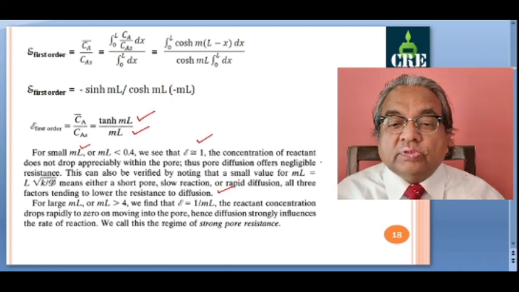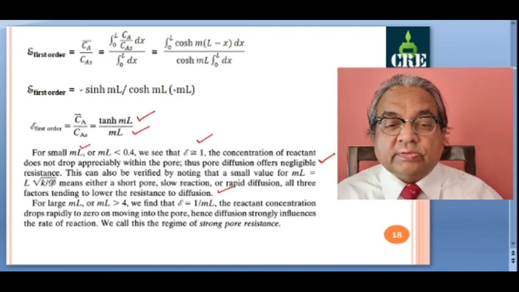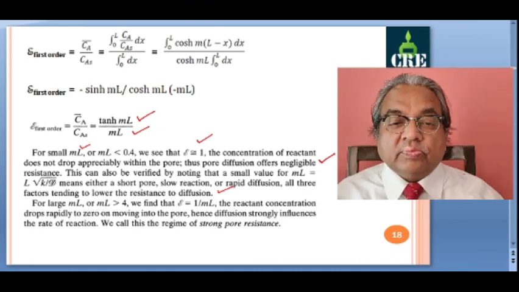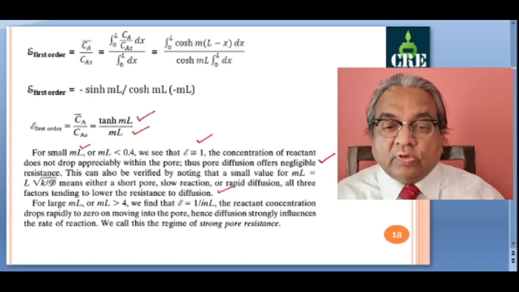So pore diffusion resistance is negligible. For large values of mL, which are considered to be mL greater than 4, with an intermediate region in between, here efficiency is simply 1 upon mL, and this is because of this tan hyperbolic function. So you can check for low values and high values what you get.